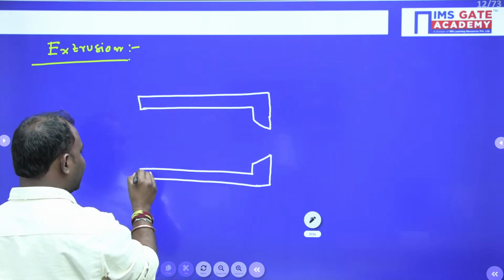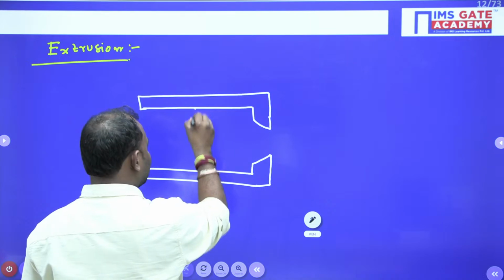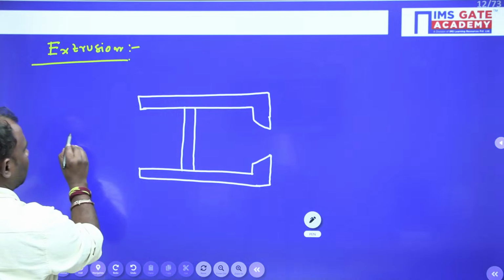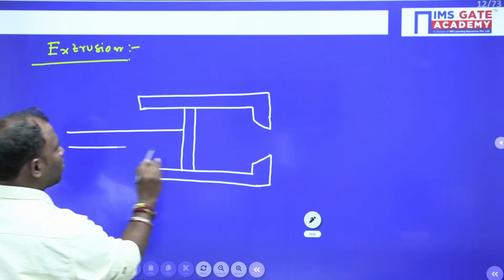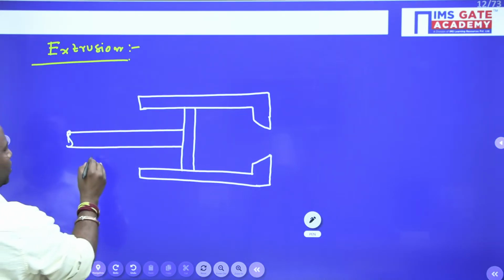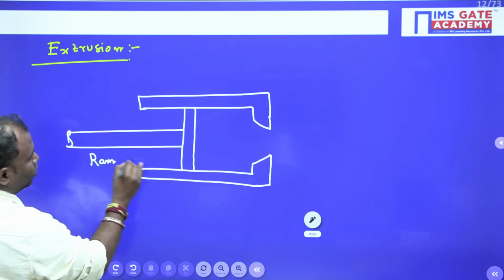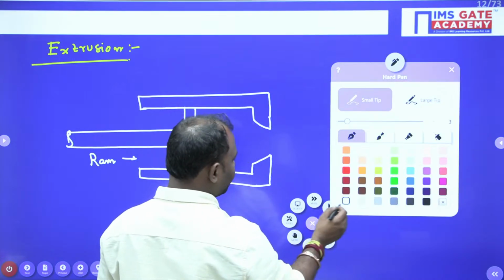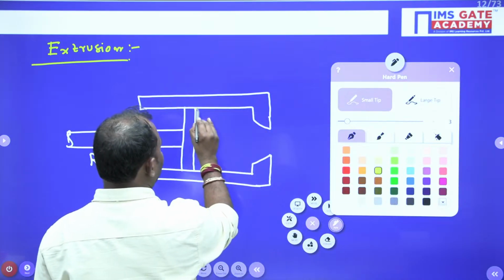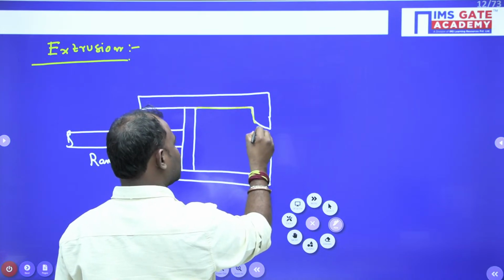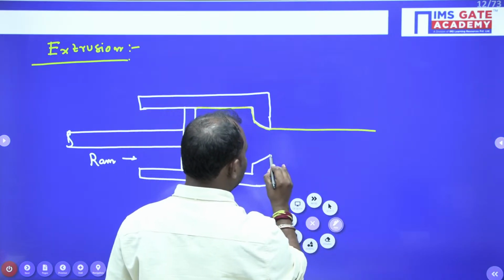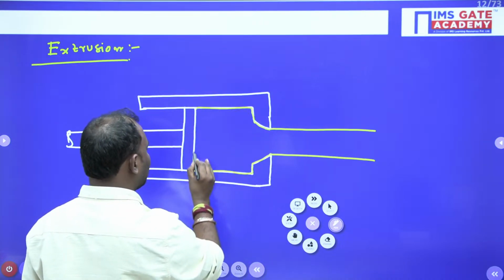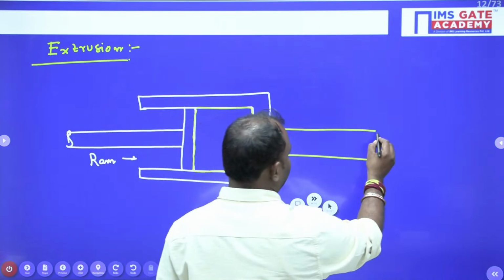Here it is a closed container, or we can call it a billet. Now it is a ram, and through this ram we apply force on the raw material, placed here, such that it is deformed plastically like this, so that long bars, T sections, I sections, and channels are produced with this process.